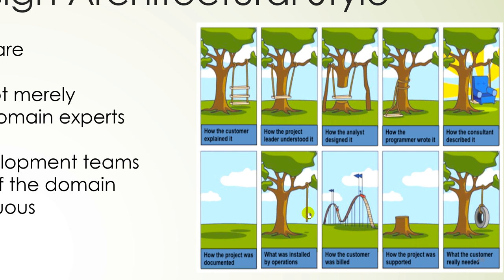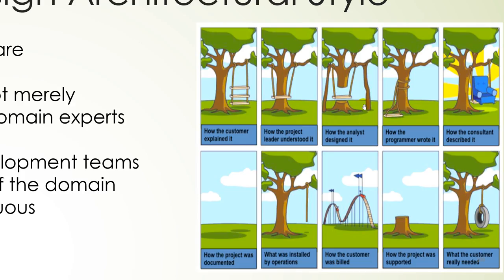This picture shows the misunderstanding and miscommunication between the developers and system analysts. And this explains how the customer explained what they needed and how the project leader understood it. They misunderstood, and this is how they analyzed and designed it.